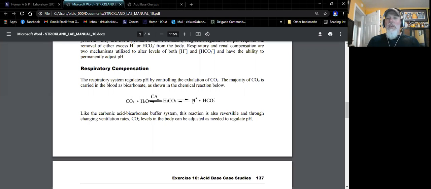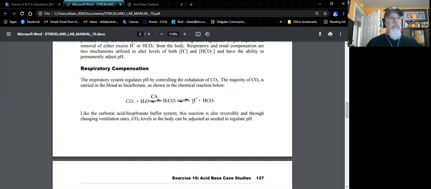If we don't breathe enough and we don't get rid of carbon dioxide, then we have carbon dioxide still in solution, so hydrogen ion concentrations are going to be high. Remember, when there's lots of carbon dioxide in the blood, it is going to be acidic because of the way that we transport that carbon dioxide. If we have low carbon dioxide in the blood, then our blood is going to be more alkaline. So we can use this mechanism to help us control body pH.